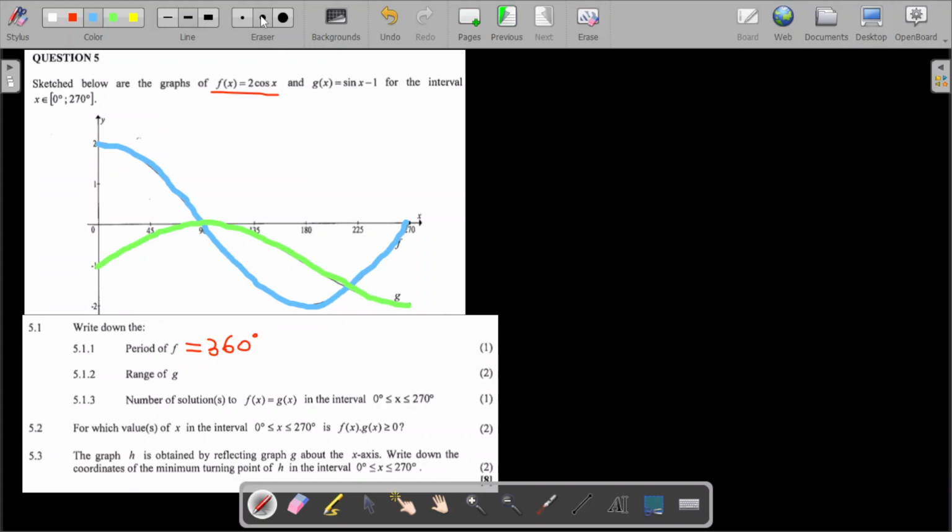Now for my range, I can see that my y here is 0, and my y at this point for g is -2. So your graph exists from 0 here until -2 here.